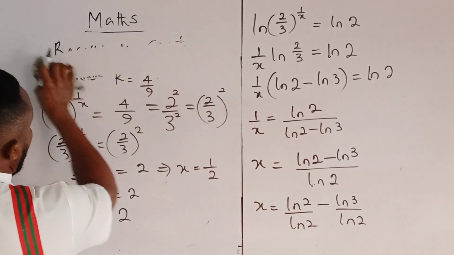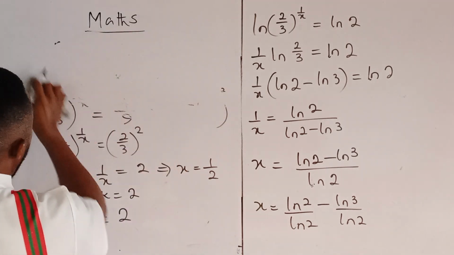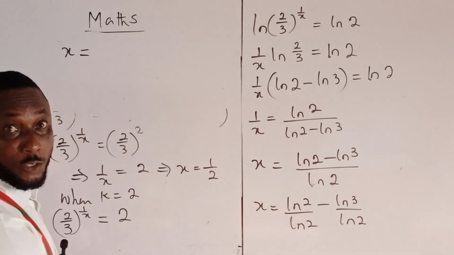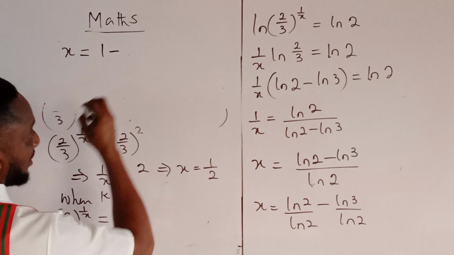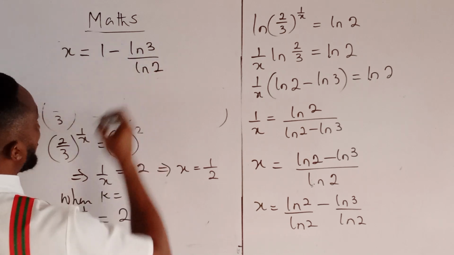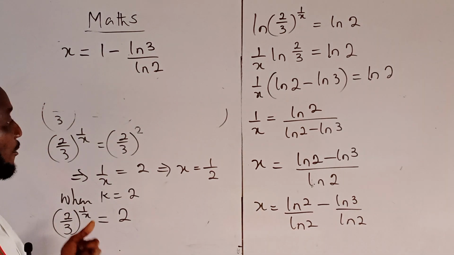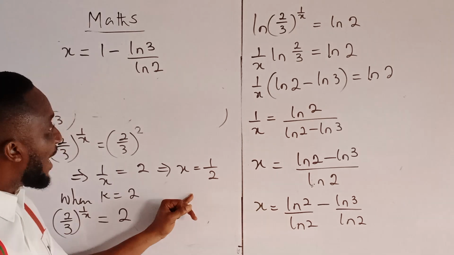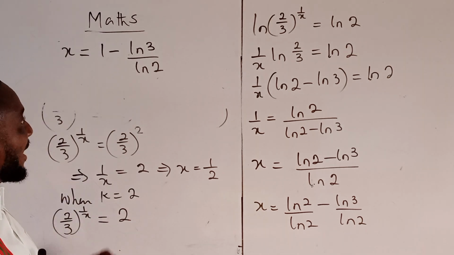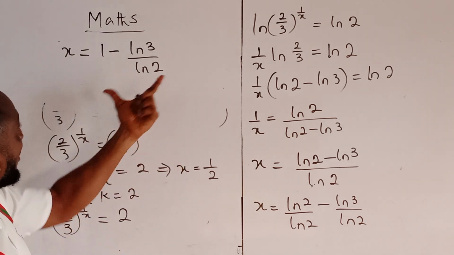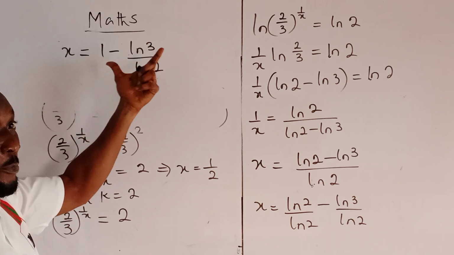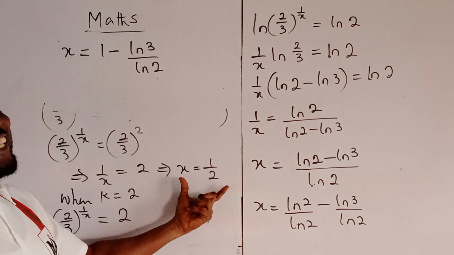So it is actually going to give me x equal to 1 minus ln of 3 divided by ln of 2, since the ln of 2 cancel each other. So guys, we have two values for x: x equal to half, then x equal to 1 minus ln of 3 upon ln of 2. Now, because of time, if we plug this into the original equation, we are going to have an approximate value. This is actually the exact solution.